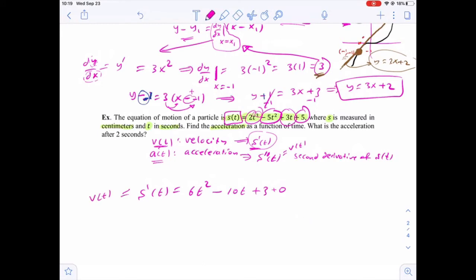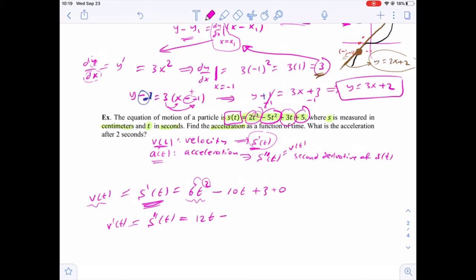Now we want to find the acceleration, so that means we find the second derivative of the position function s, or the derivative of velocity. So the derivative of velocity is the second derivative of the position, so we differentiate again. What is the derivative of 6t squared? We bring 2 here and multiply it by 6, we get 12, and we subtract 1 from the power 2, it becomes 1.